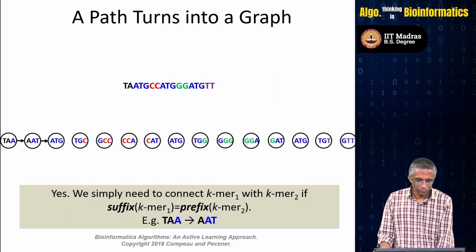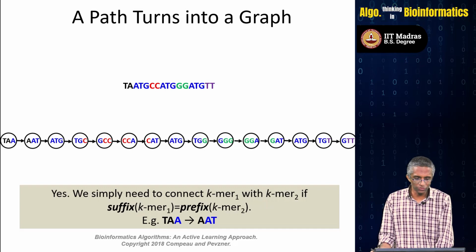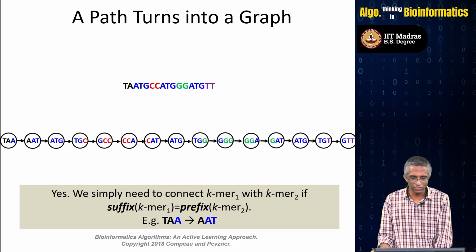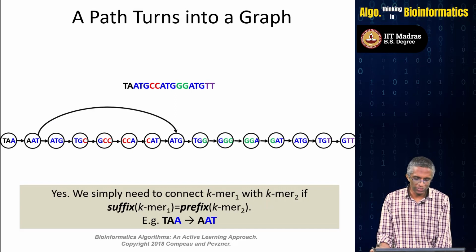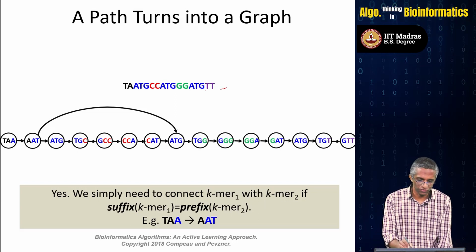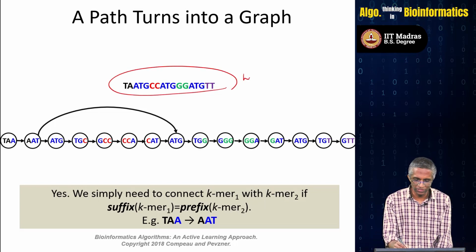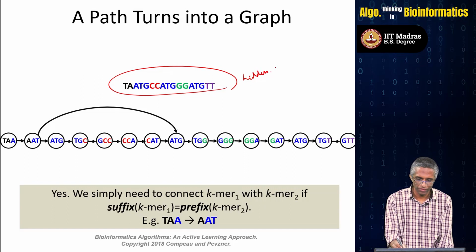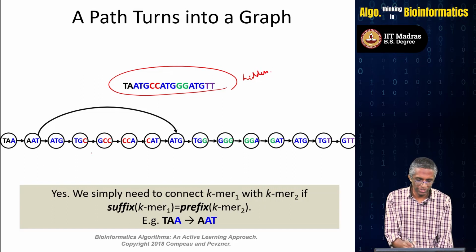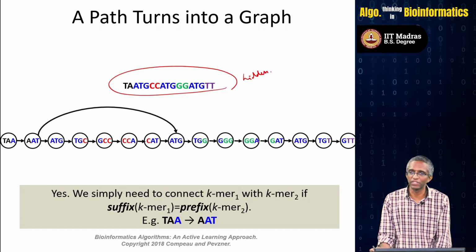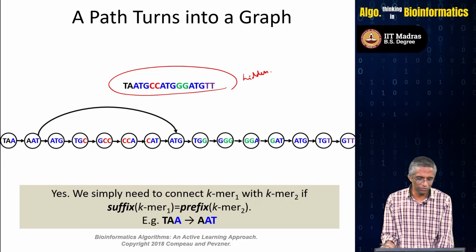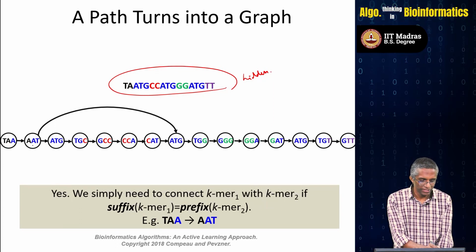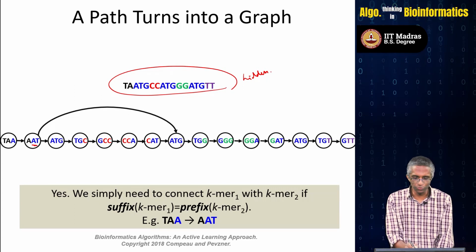So we have this. This is the original genome, but in addition to that, because we don't have the original genome with us, we also need to do all sorts of other connections. Again, please remember that this is hidden. You have only these three-mers that are forming this genome, so you'll have to make sure that it's not just AAT goes to ATG, but anything that begins with an AT, you have to put the link.